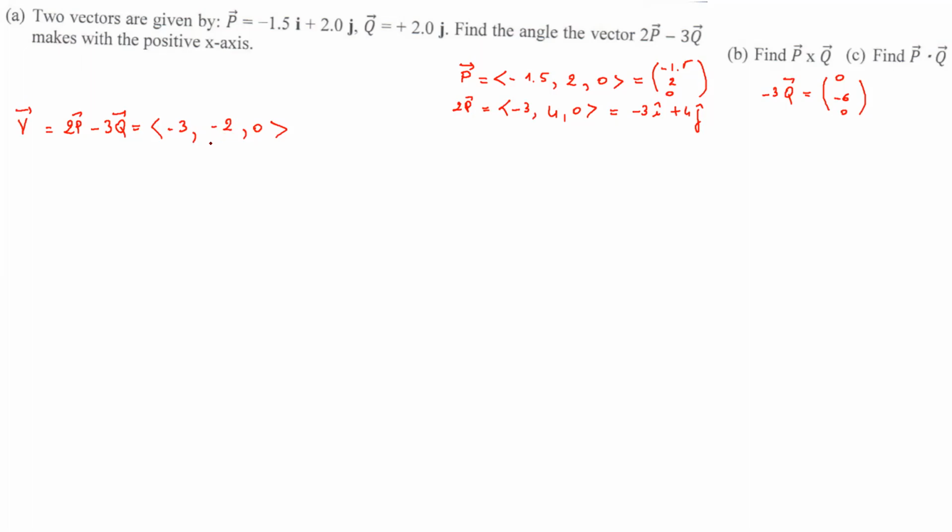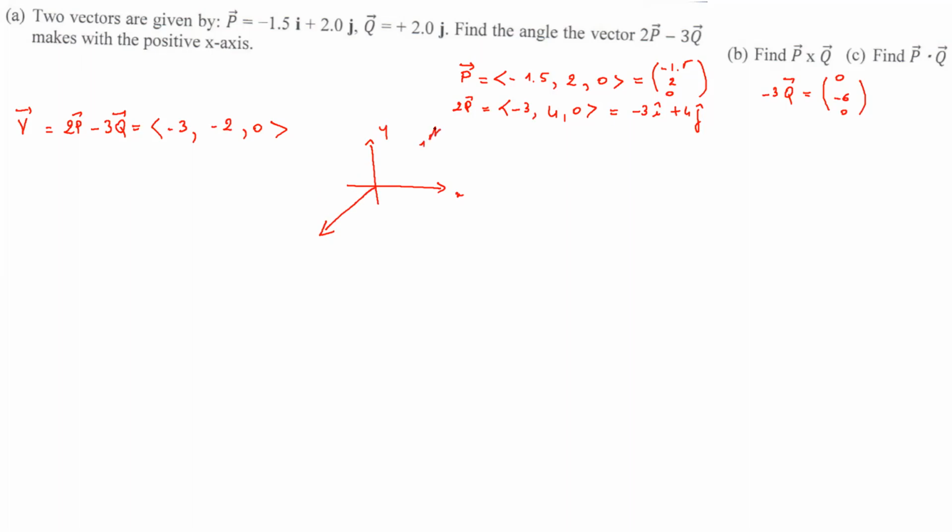So here it's easy, okay? Because vector V is on the xy axis. So if I plot vector V, this is x, this is y. So vector V is in the xy plane. Minus 3 is somewhere here, minus 2 is down here. So vector V is in the third quadrant.